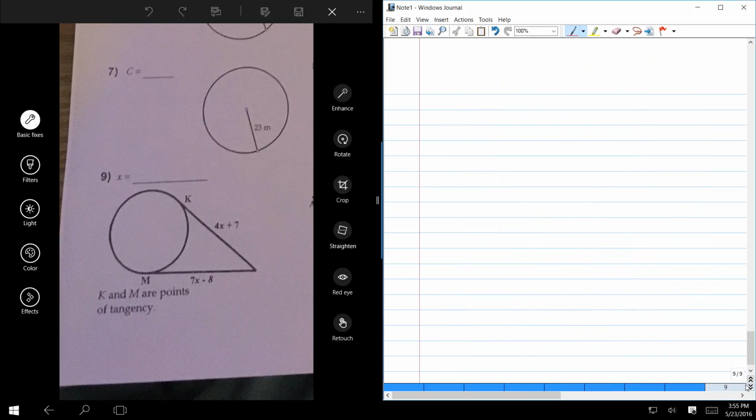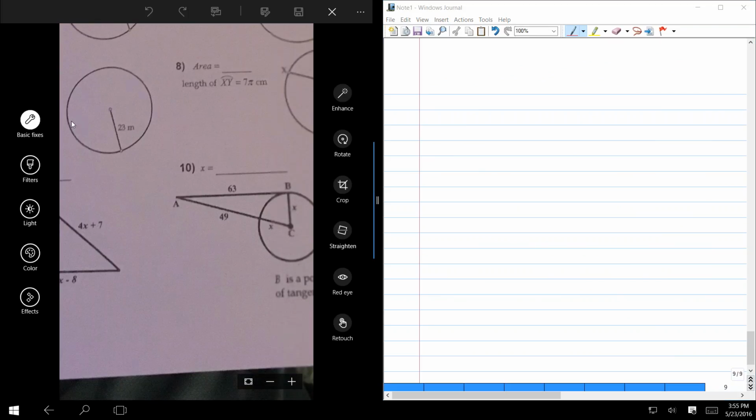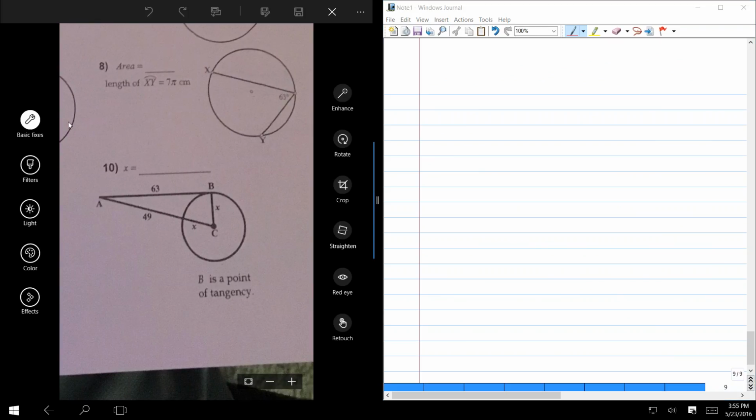As opposed to 9, what equation can I write from 9? Four x plus 7 equals 7x plus 8. 7x minus 8, sorry. And how about 10?